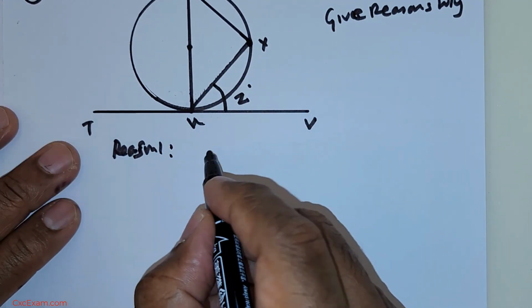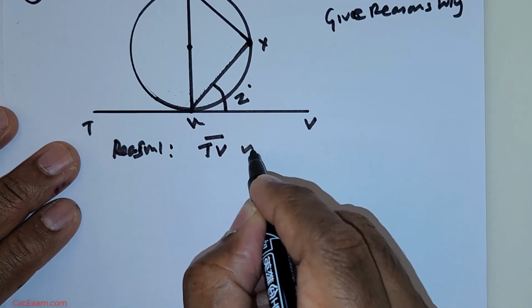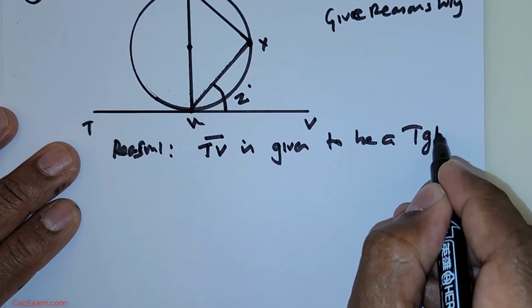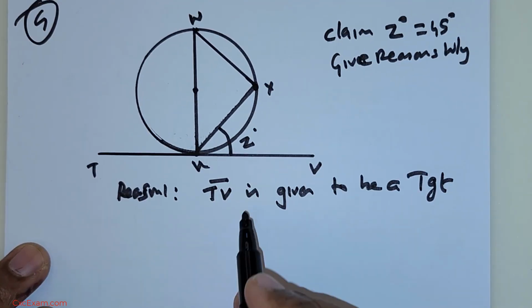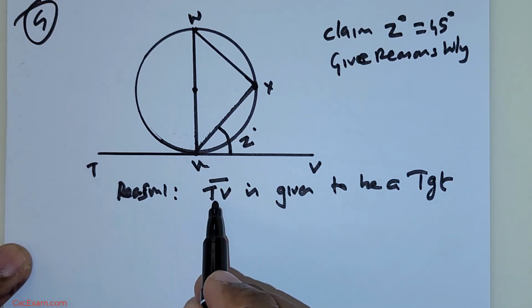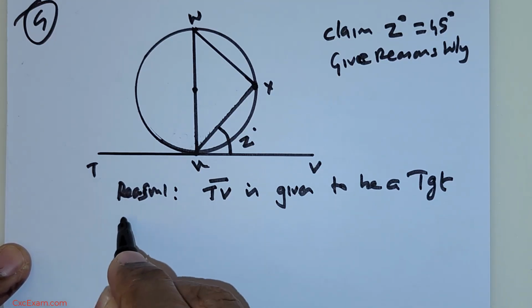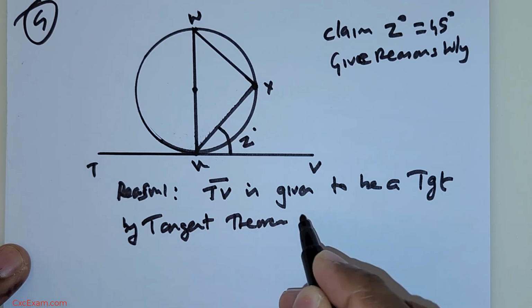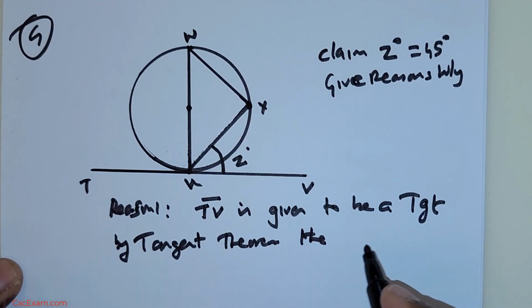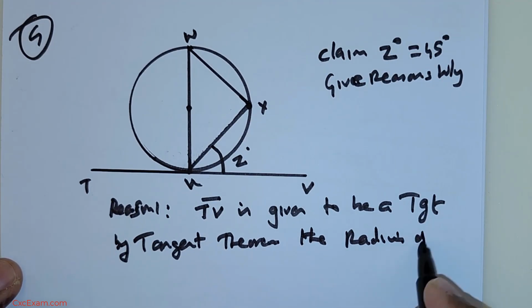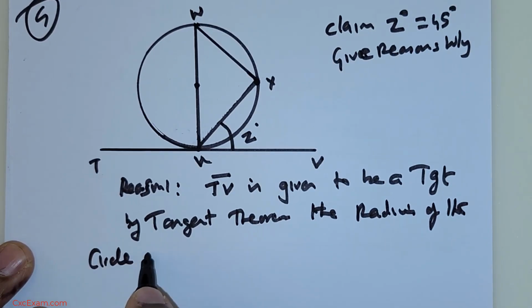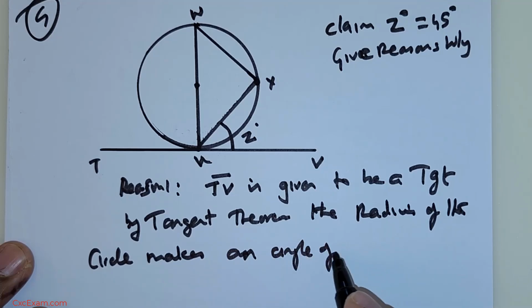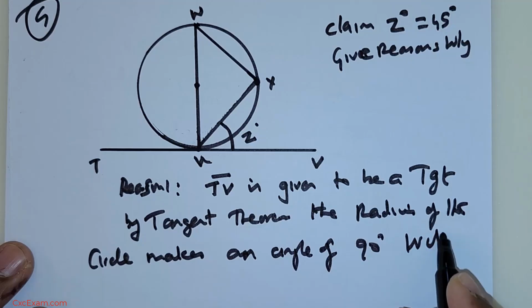First reason: foremost, TV is given to be a tangent, right? Since we know that TV is a tangent, by the tangent theorem, the radius of the circle makes an angle of 90 degrees with a tangent.